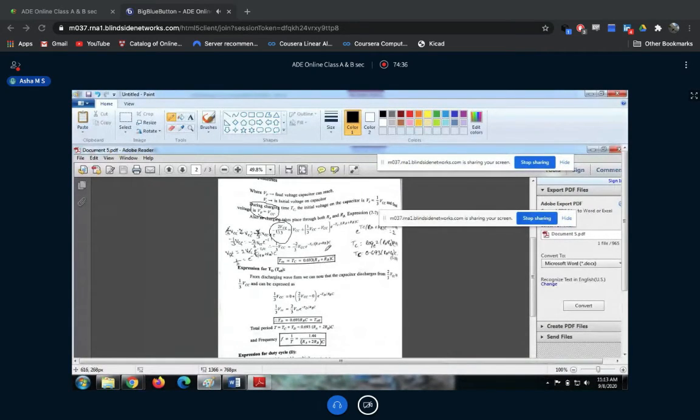Here I have already simplified it, and you will very easily understand. If you send this VCC to this side, 2/3 VCC minus 1/3 VCC gives minus 1/3 VCC. So 1/3 minus 2/3 VCC into this term.